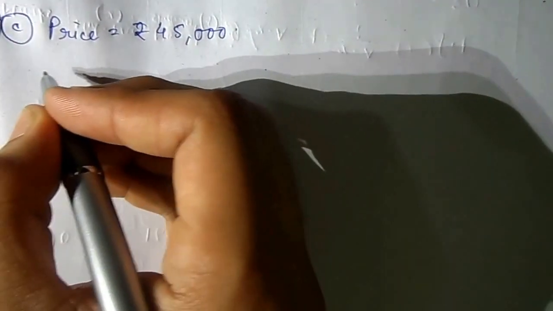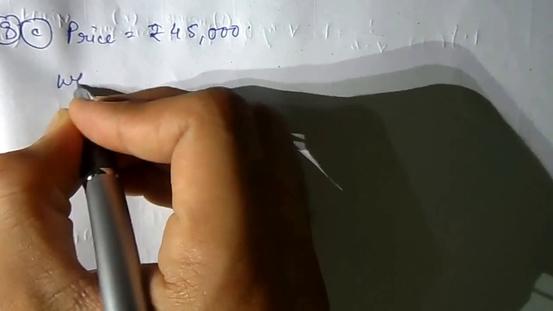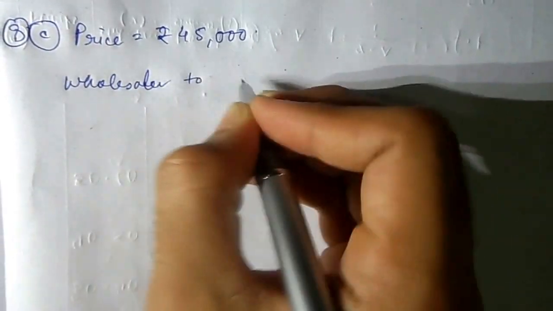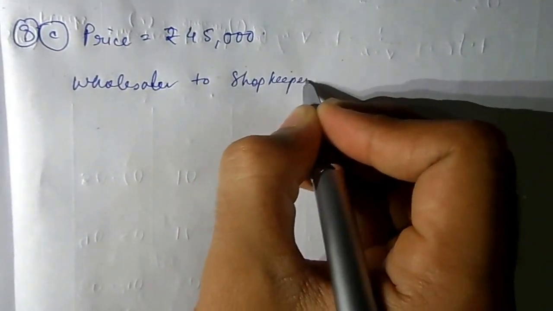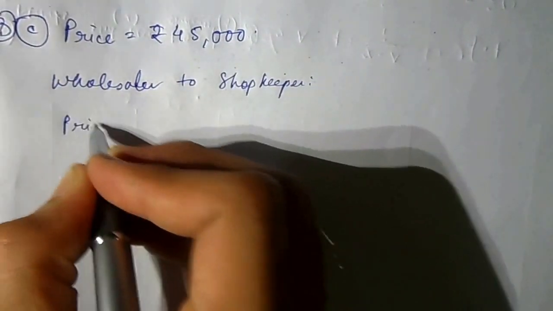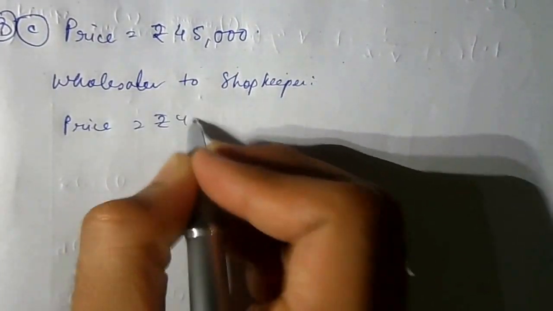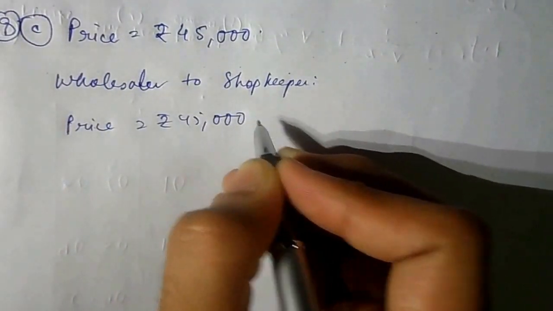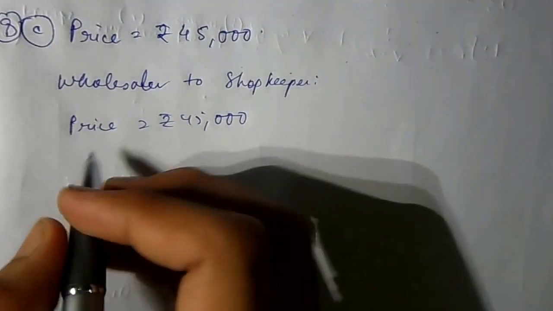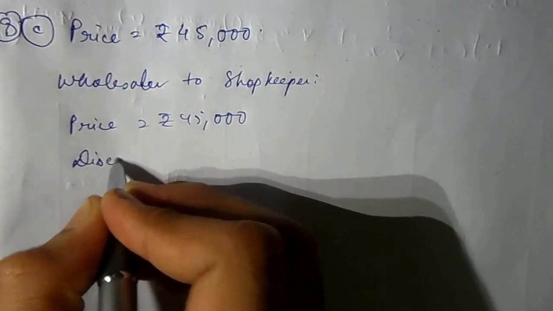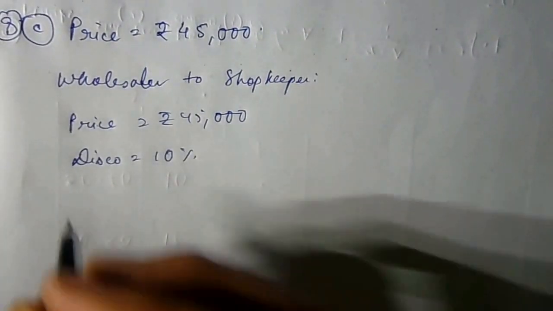Now the first stage, that is wholesaler to retailer or shopkeeper. The price equals rupees 45,000. Now he gives a discount of 10% to the shopkeeper. Discount equals 10%.